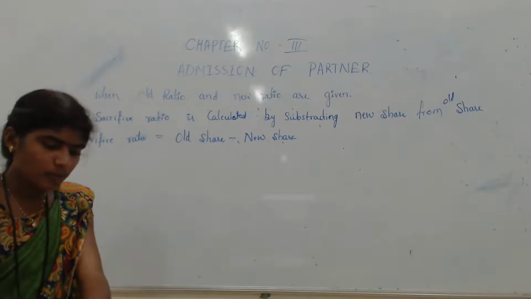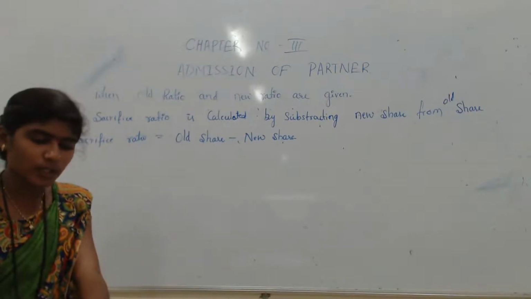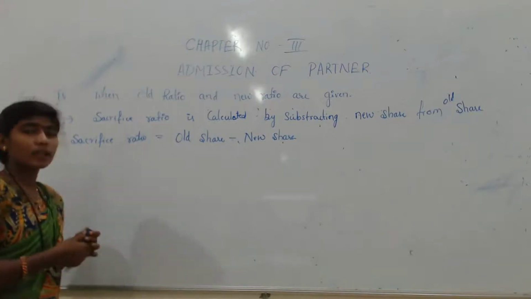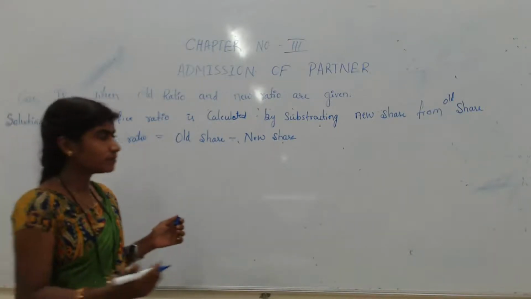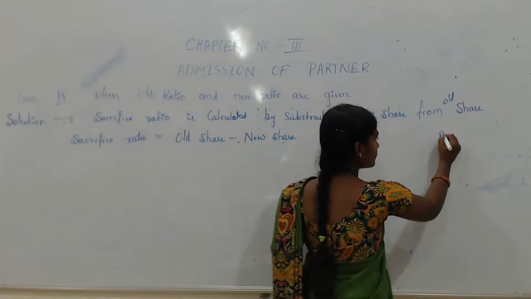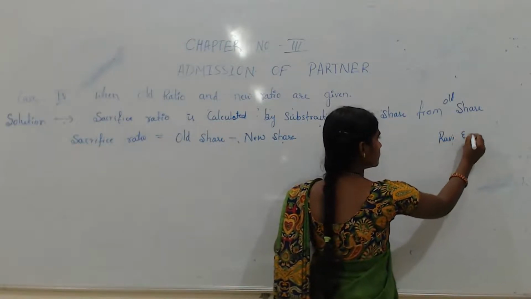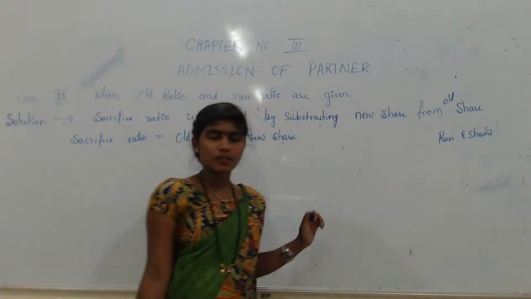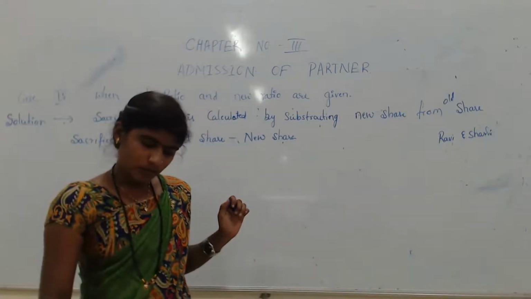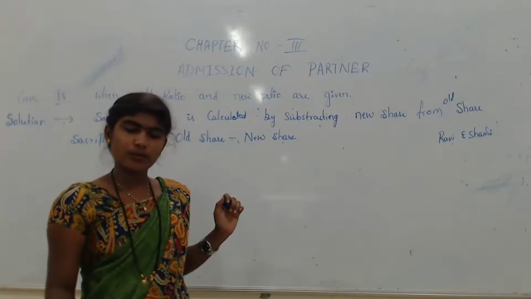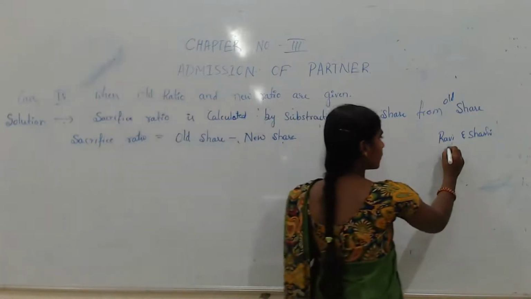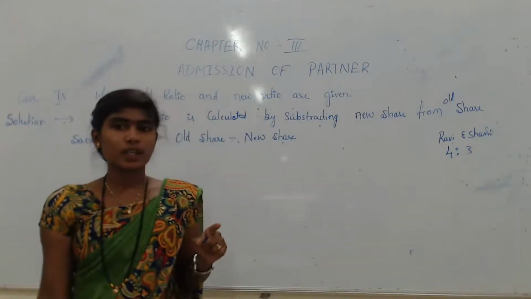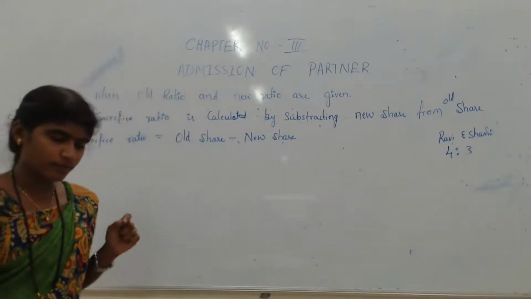Ravi and Shashi are partners sharing profit and losses in the ratio of 4:3. Who are the partners here? Ravi and Shashi. They are partners, no? Sharing profit and loss in the ratio of 4:3. So 4 is to 3 is the old ratio of the old partners.